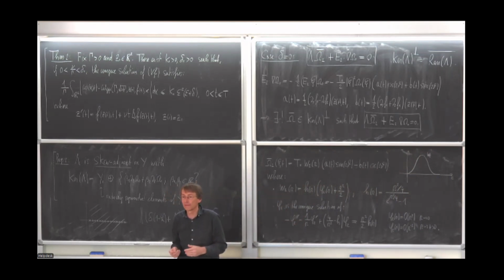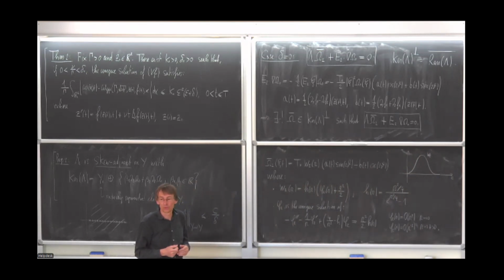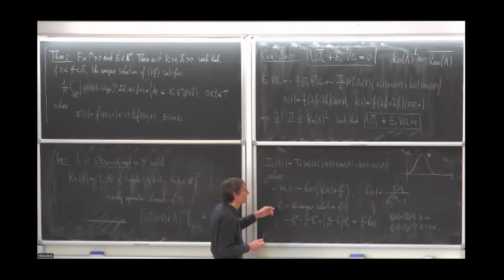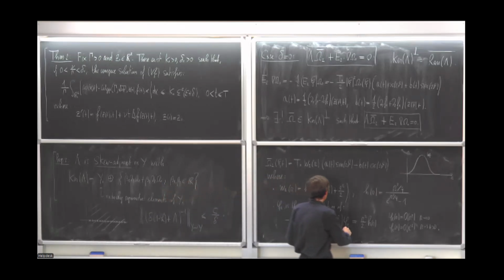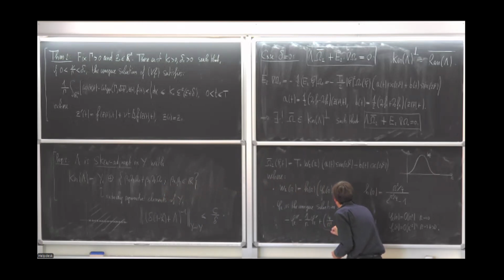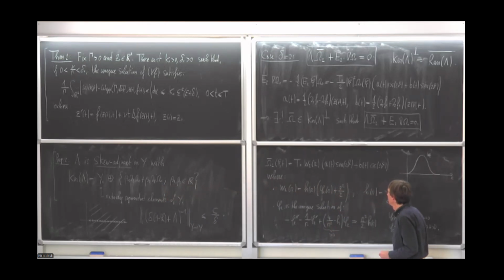I don't do this exercise on the blackboard because you have to recall what exactly the expression of this operator lambda is and so on, but it also reduces to an ODE. So for this ODE, we should look at this: 4 over R squared minus H is strictly positive. Okay? And therefore, you can apply the maximum principle to this.